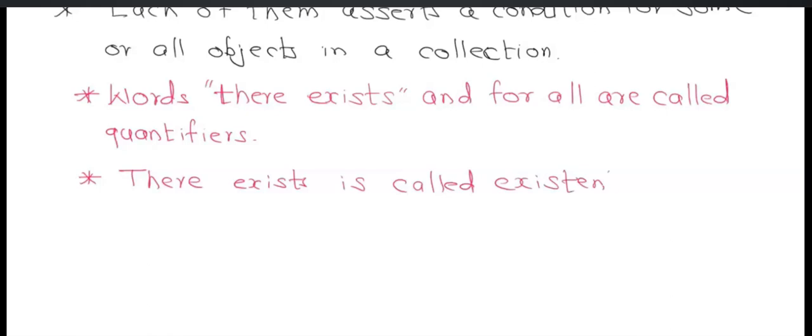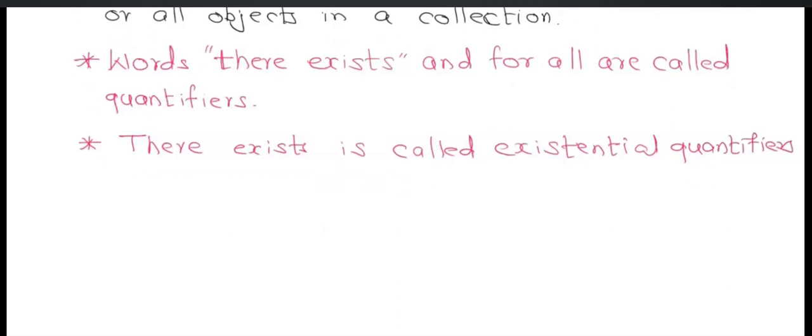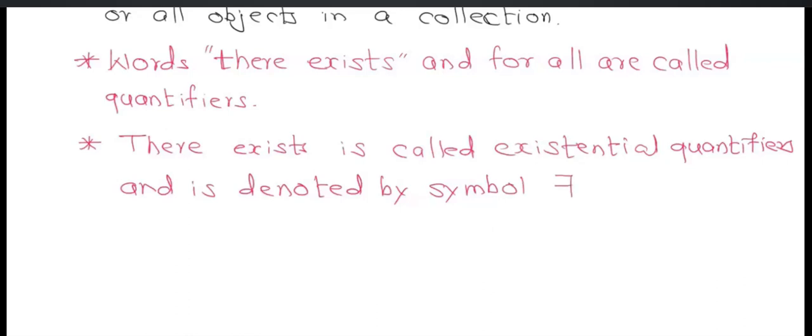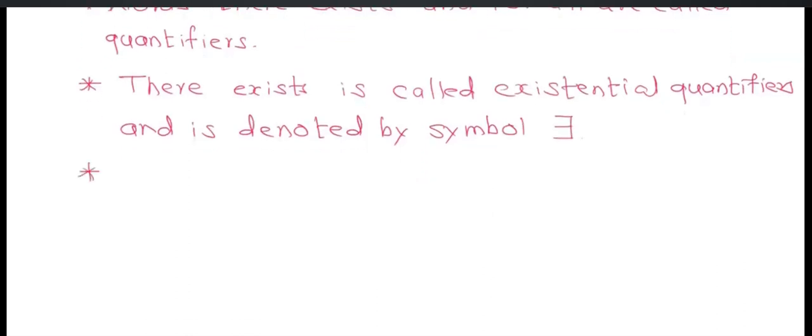That is, there exists is called the existential quantifier, and it is denoted by this symbol. Now see this symbol, it is the opposite side of E. There exists, this is the symbol.